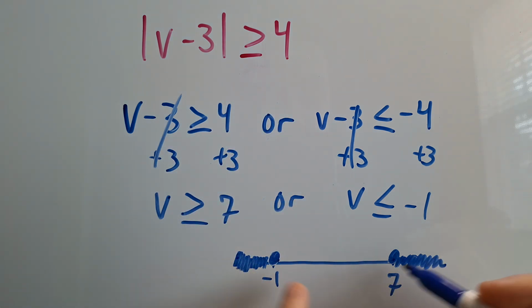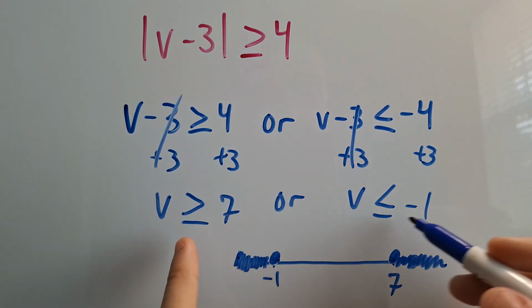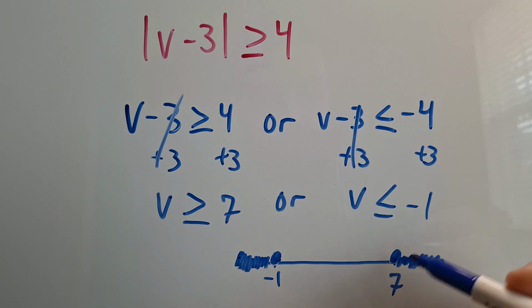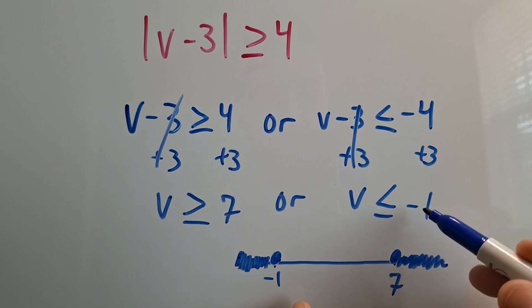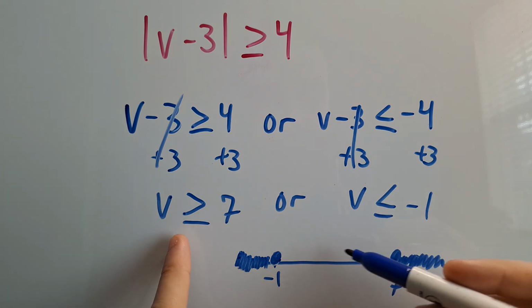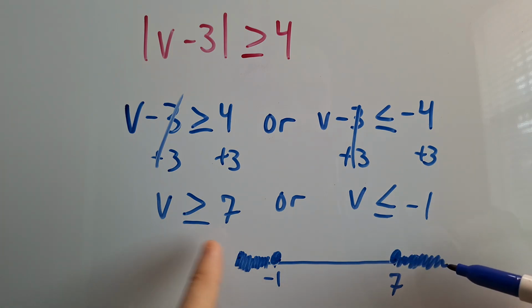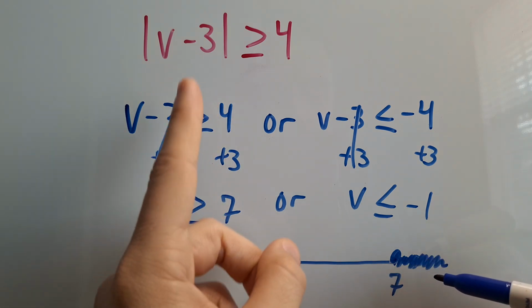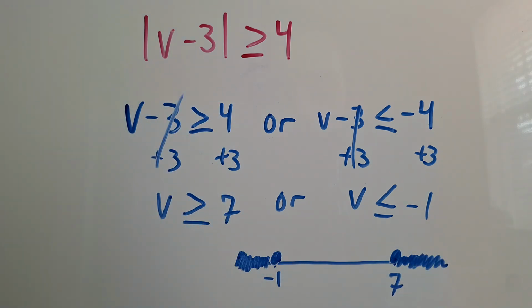So that's the reason why we have this inequality solution set as is. Any value that is less than or equal to -1, or any value that's 7 or larger. Because any number in between here is not a solution to this absolute value inequality.